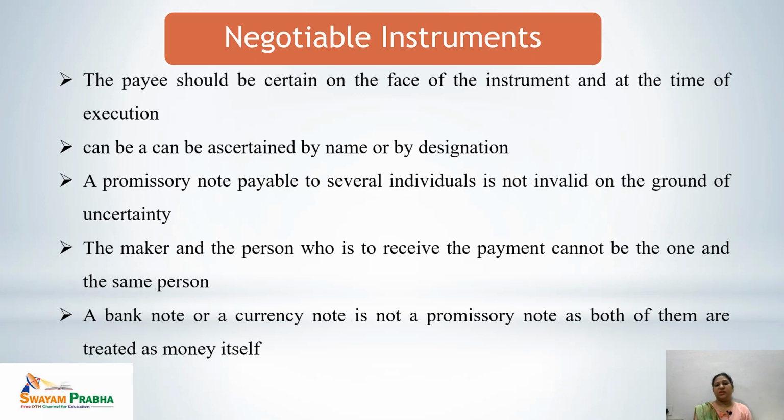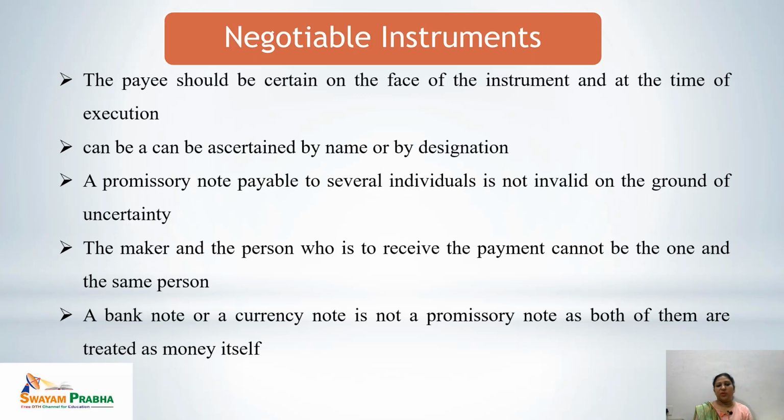The payee should be certain on the face, as already mentioned, but it should be mentioned on the face of the instrument at the time of the execution of the instrument. And same as in the case of the drawer, the maker, the name, the designation or the name of the company can be valid names on the face of the promissory note to make it a valid instrument.